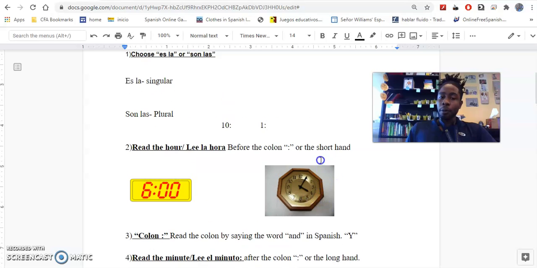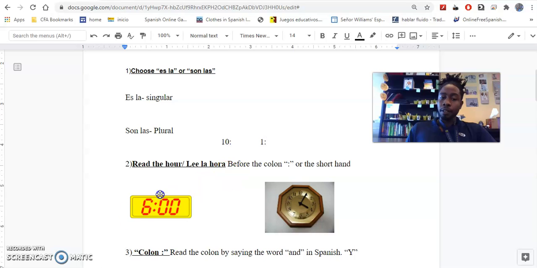So again, the way we practice this is we look at our time. If we're looking at this one, and I asked you, ¿Qué hora es? What time is it? Your answer will be son las 6. If we're looking here, before we can read the whole time and we can only read the hour, and I asked you, ¿Qué hora es? We would see son las 4.